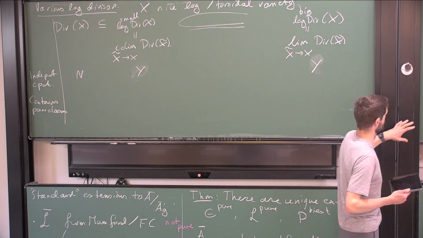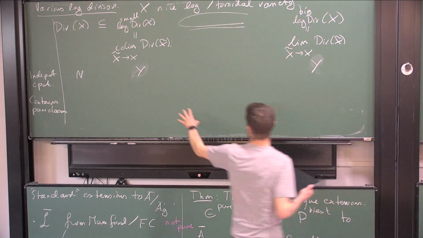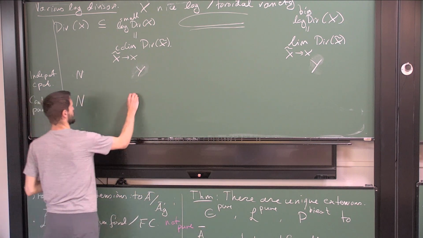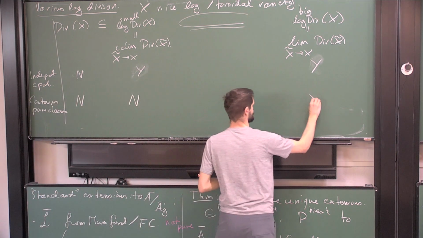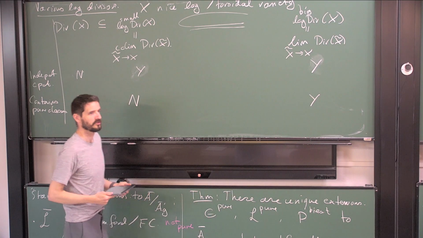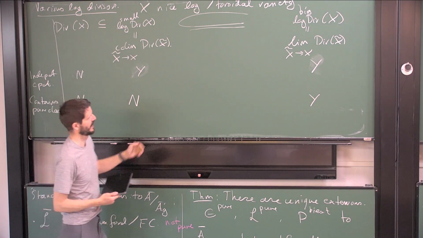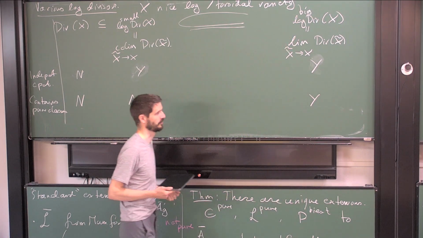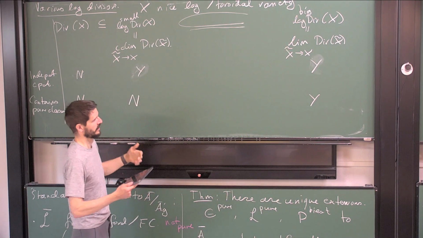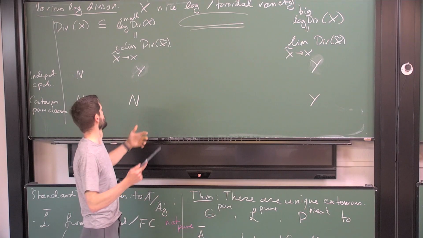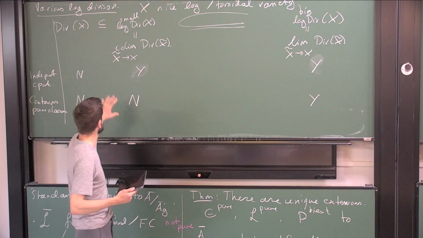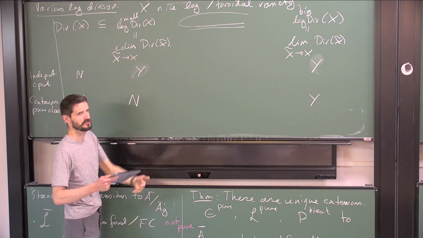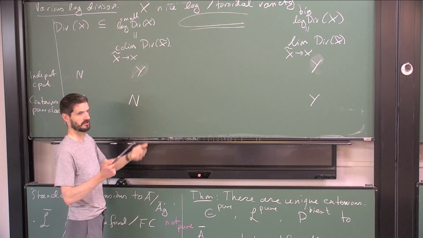So you can ask whether you can find pure classes in this sense or in this sense, and the answers are, I said no here, and it's again a no here, and it becomes a yes over here. So these pure extensions do exist in this big log divisor or big log Chow group, where you allow things to, what do I want to say? Somehow if they existed here, that would say, as long as you choose the right model, you can find a pure line bundle on that model.